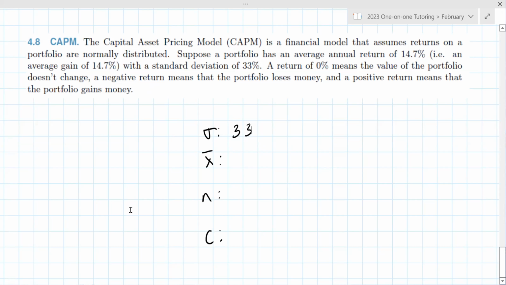I'll say that. What is the mean? Is it 14.7%? Yes. All right, and let's just say we'll go 12 samples, and let's do an 80% confidence interval this time.